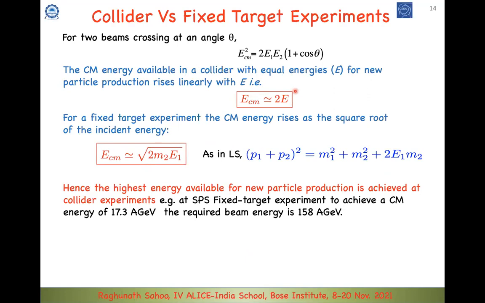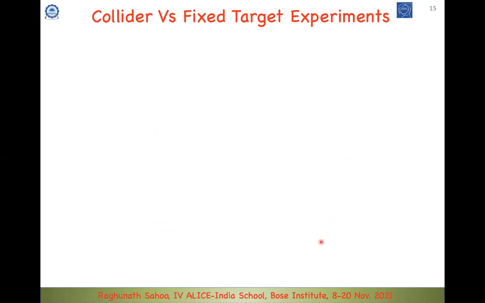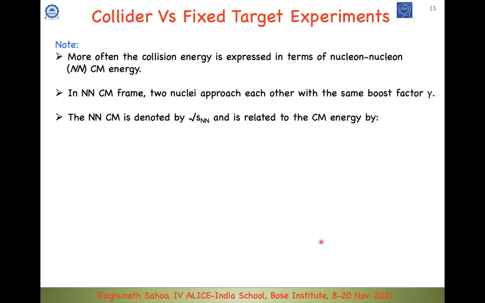For the SPS fixed target experiment to achieve a center of mass energy of 17.3 GeV, I will show you in one of my slides how it comes, and the beam energy will be 150 GeV. So in the laboratory, you need more beam energy in comparison to the center of mass energy. The converted value is 17.3 GeV.